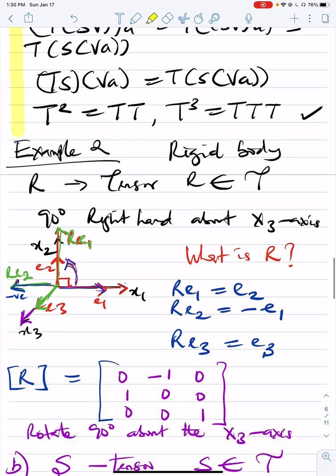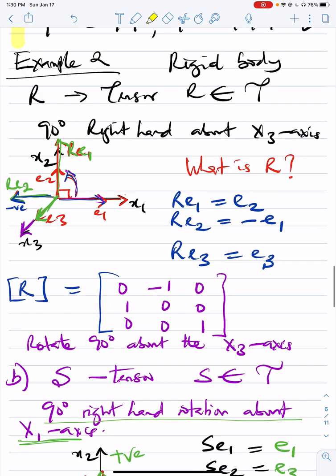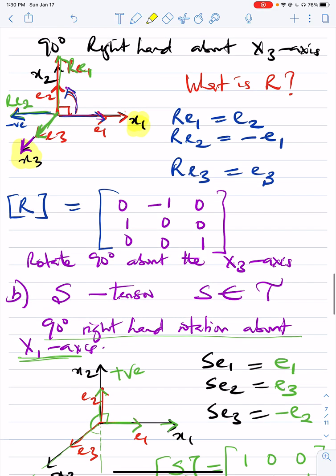Then in an example, we were able to show what happens when you rotate with respect to the basis vectors, the transformation and the values. So for R we rotated about x1, x3, then for S we rotated about x1.